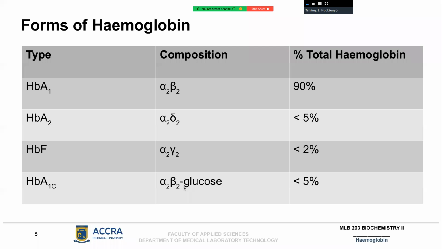If it is determined in the blood and the levels are higher than normal, then that is a diagnosis for some diabetic condition. In general, the total of this glycosylated hemoglobin is less than 5% in the body.